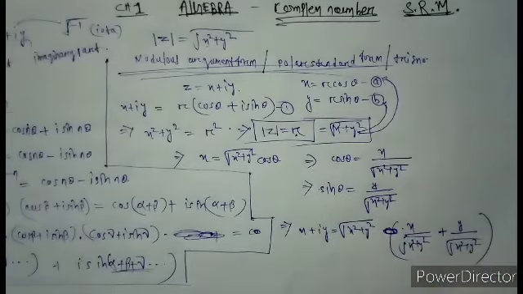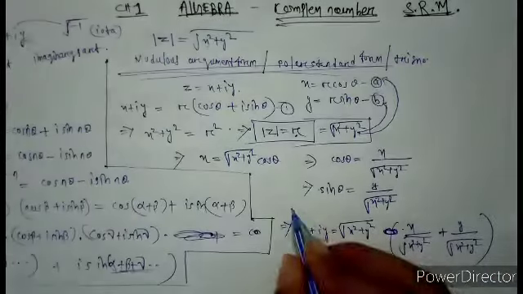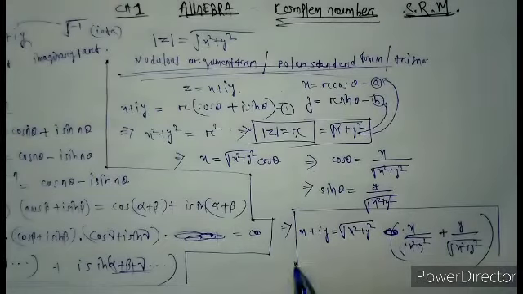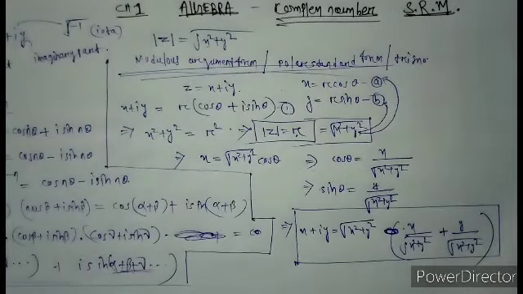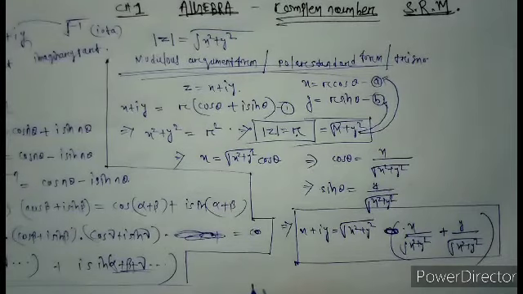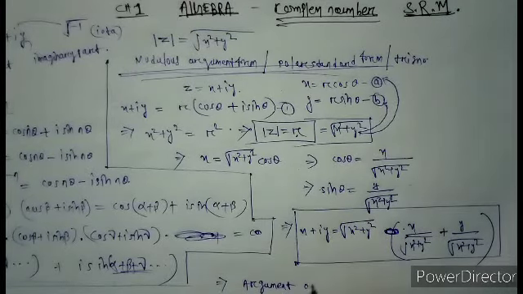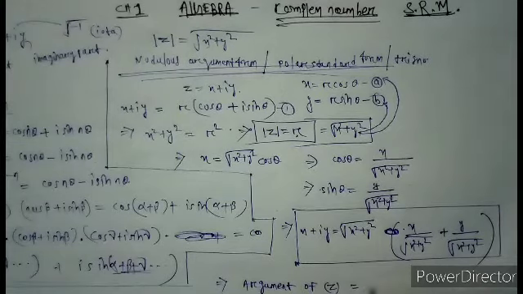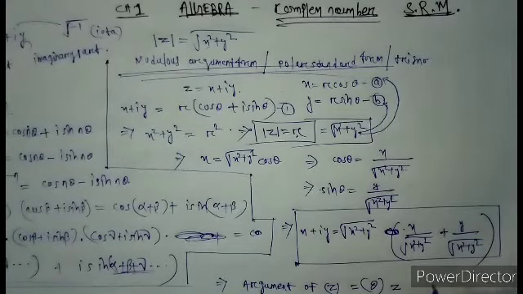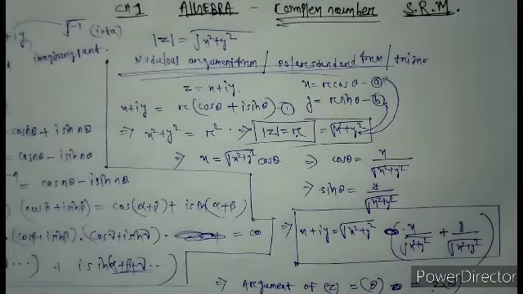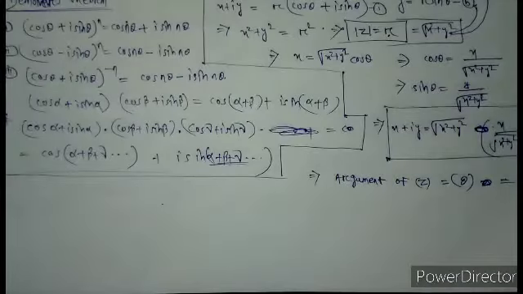Okay, this is the actual form. Then what is the argument of z? The argument of z is equal to theta, written as arg z equals theta. Okay, then let us take an example.